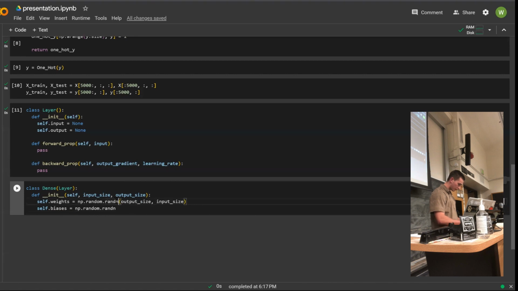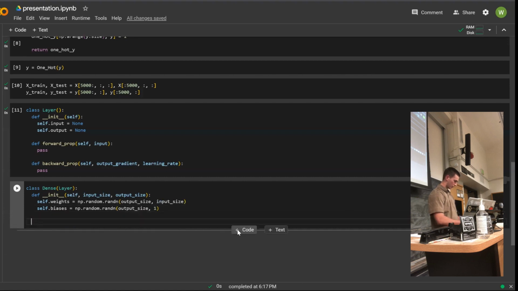This should be randn, by the way. Okay, and that's going to be our initialization for the layer. And then we can define our forward propagation algorithm.